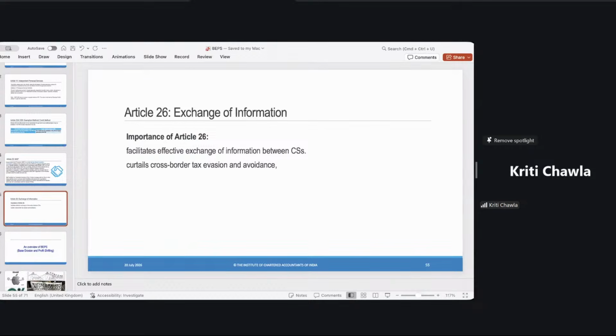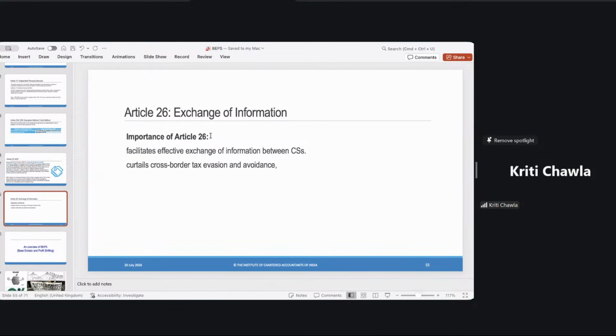The next article that we have is Article 26, and Article 26 talks about exchange of information. As I mentioned before, we've talked about this particular article at length, but this is the article that helps in exchanging information with the other nation. Why is exchange of information important? Well, Article 26 is important because it facilitates effective exchange of information between different contracting states, so that there is tax transparency.